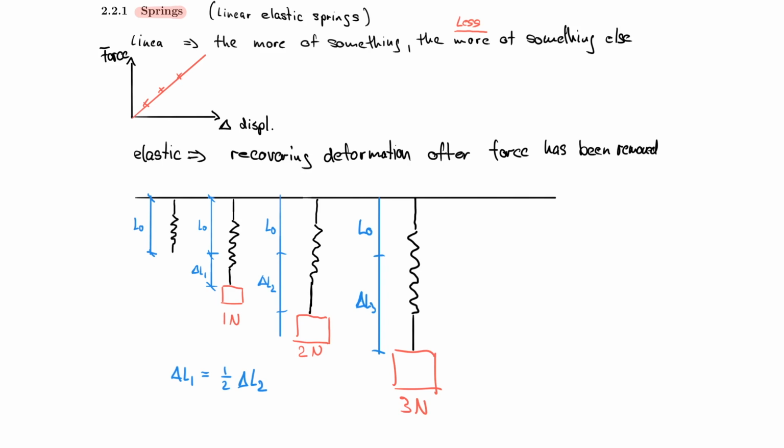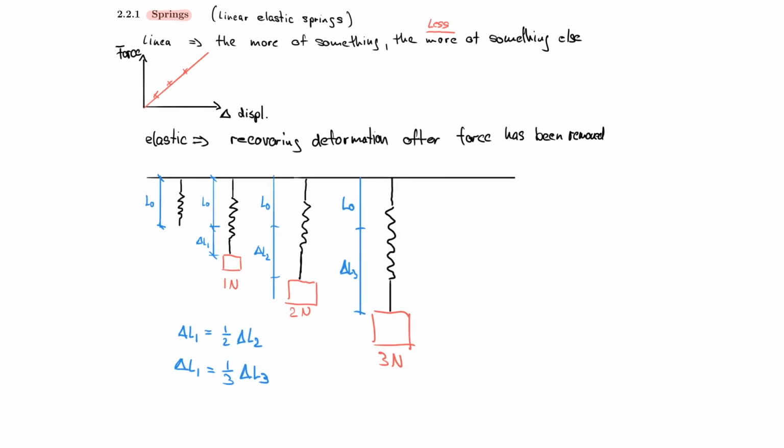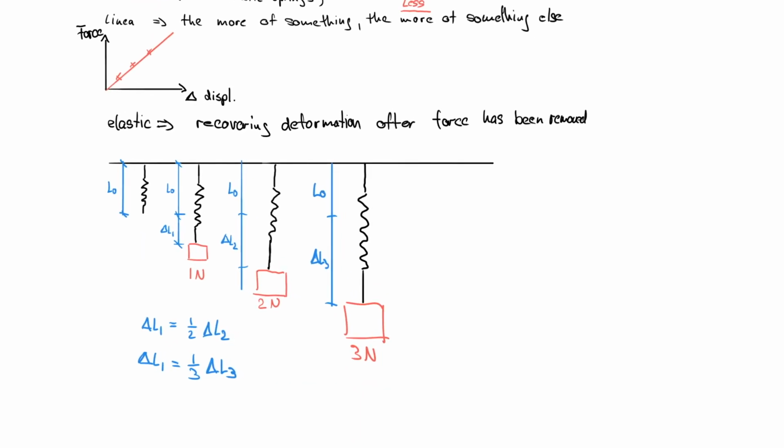Likewise, let's say my delta L1 is also equal to 1/3 of delta L3. Or you might as well say it the other way around. You may say that delta L3 is equal to 3 times delta L1.